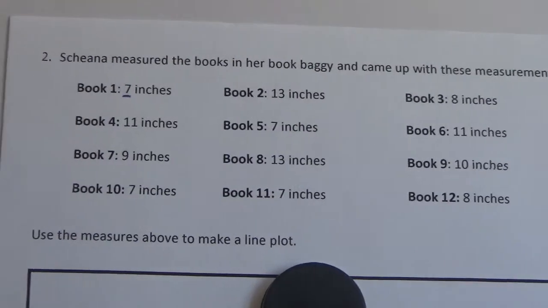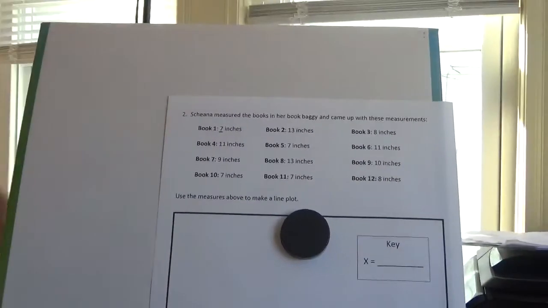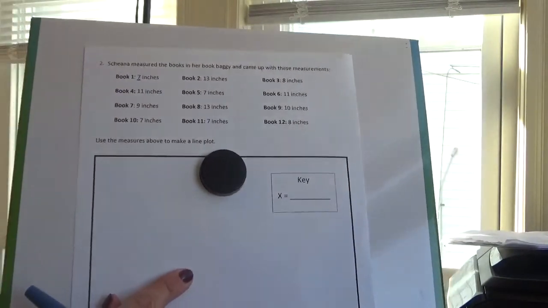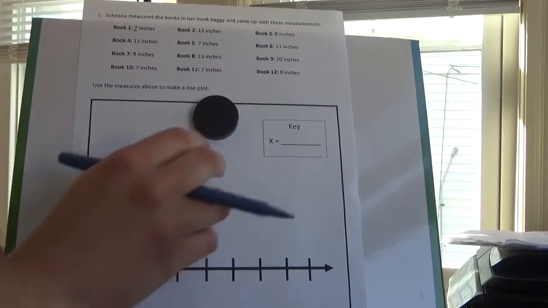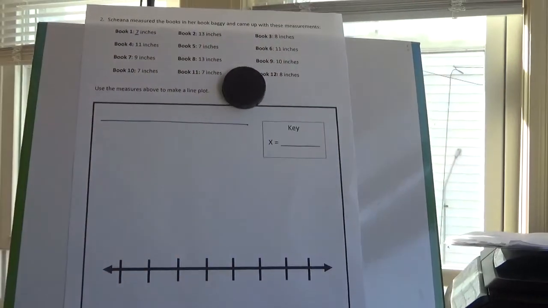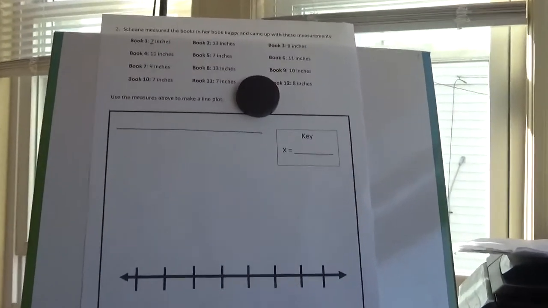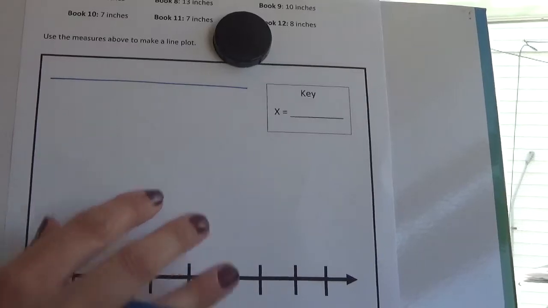Wonderful. Hopefully you had a chance to create your line plot based off of this information, and we're just going to go over now that you're finished what that is going to look like. So hopefully you included a title. I'm going to draw a line there just to remind my brain that I need to have a title. And I want to zoom in as much as I can here on this line plot.